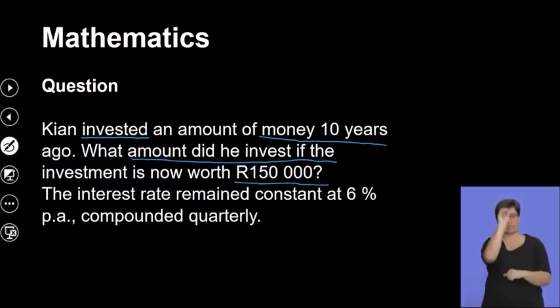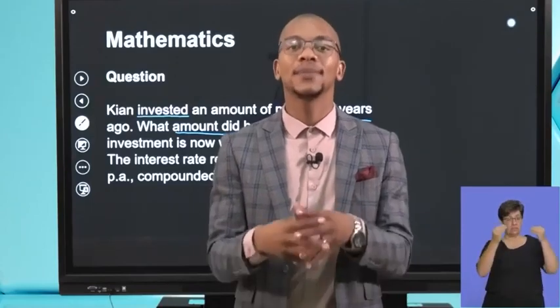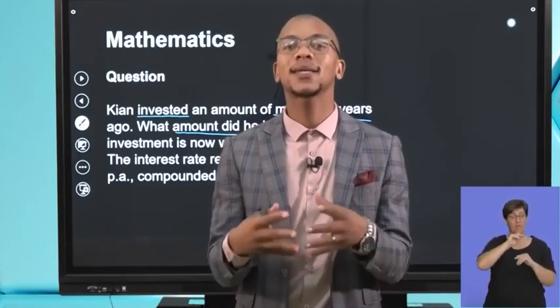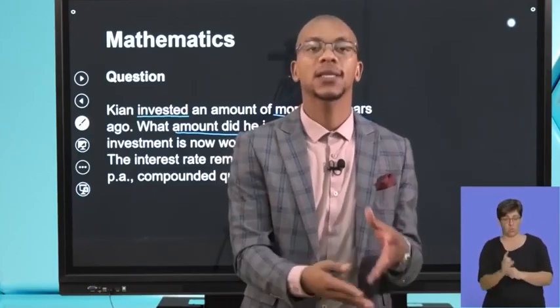So 10 years ago, Kian opened an investment and invested an amount, let's say X, which we don't know for now. The investment grew and became 150,000 in 10 years at a constant interest rate of 6% compounded quarterly. They want us to find the principal amount that Kian invested 10 years ago.